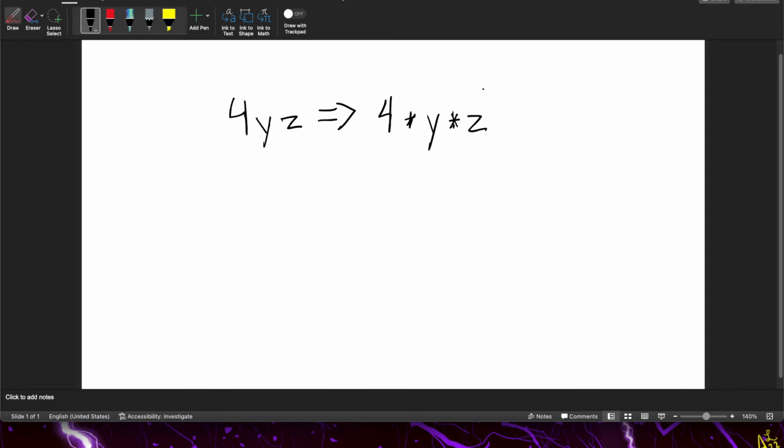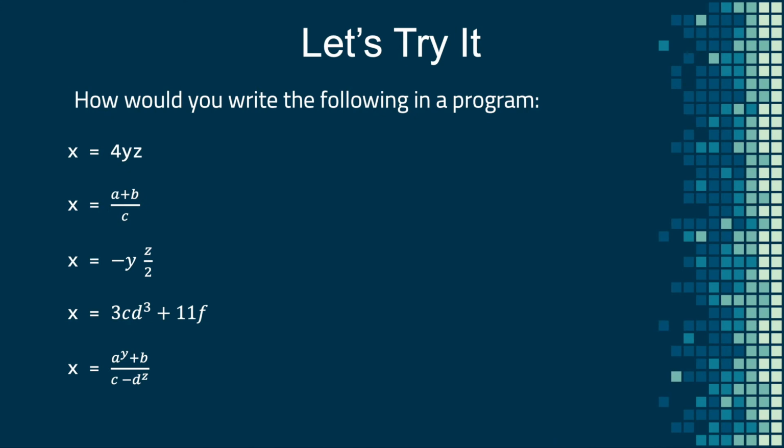That way Python knows you're multiplying 4 by y by z. These are two different variable names, and this is a numeric literal with the number 4.